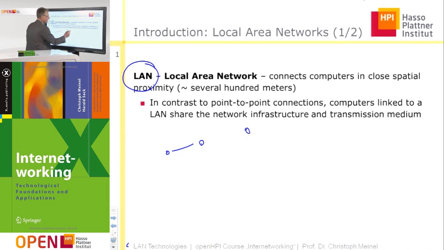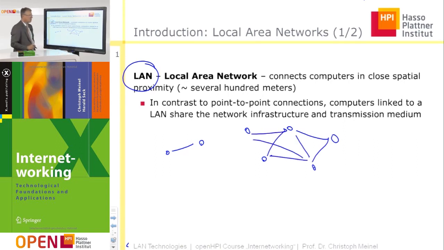If we have several computers in place and they use a common network, then they may be interconnected in such a way. For communication of A with B, one can use this way, or one can use that way.